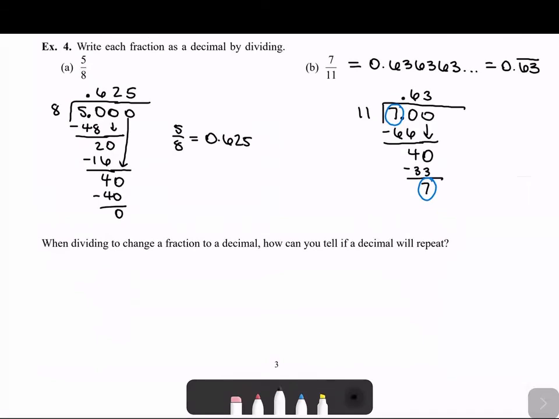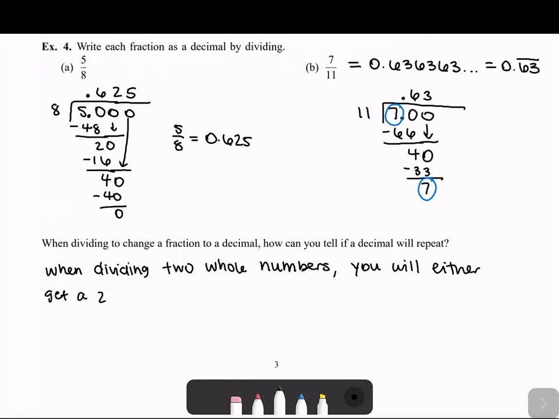We do this because when dividing two whole numbers, you will either get a 0 remainder, which is what happened here in 4A on the left. We eventually got a 0 remainder.